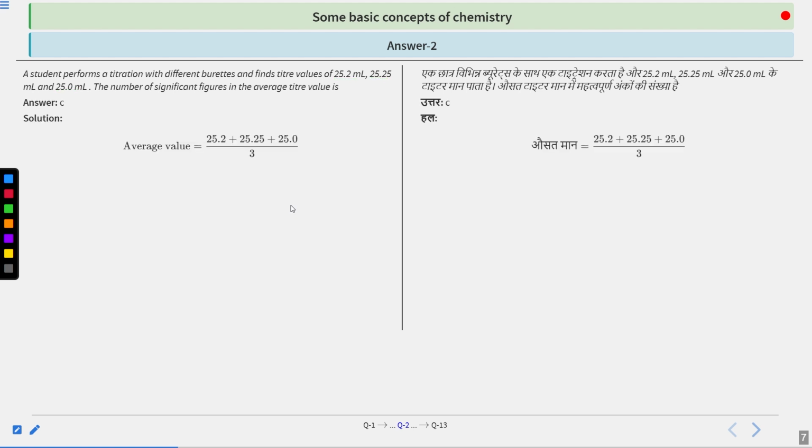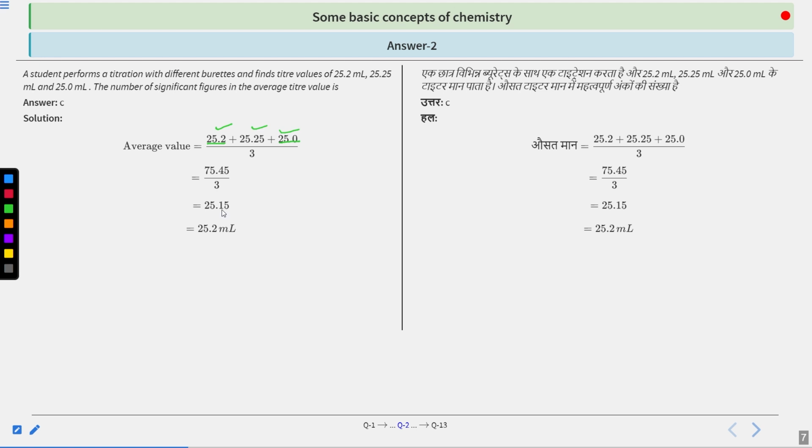To calculate the average value, we will add these three values and divide by 3. The sum is 75.45, and dividing by 3 we get 25.15. Now the number which has the least number of digits after the decimal is 25.2 and 25.0, so in the answer also we will take that many digits after the decimal.